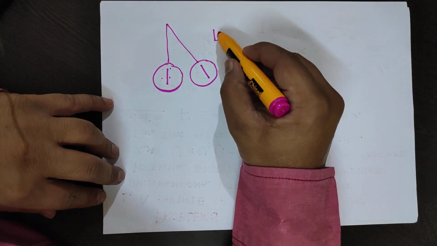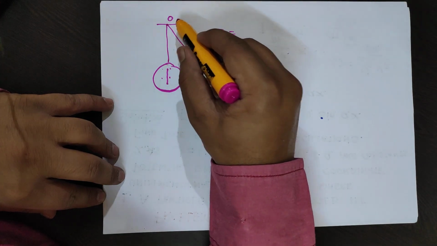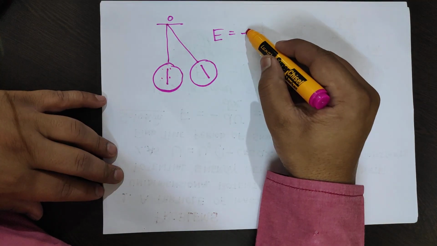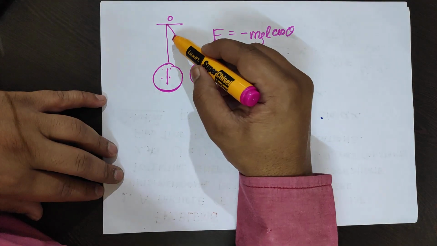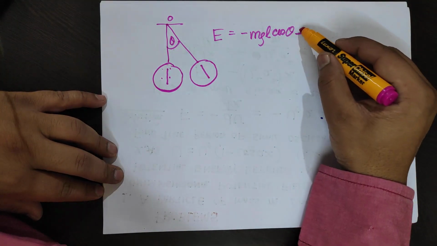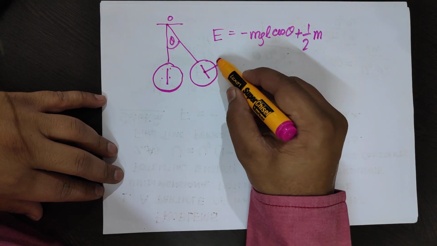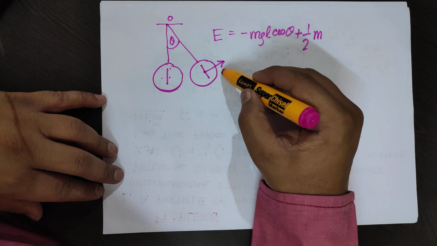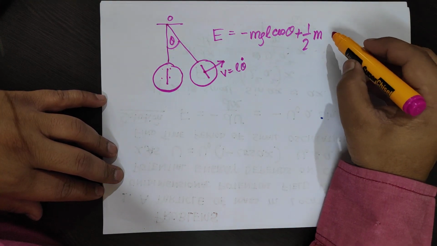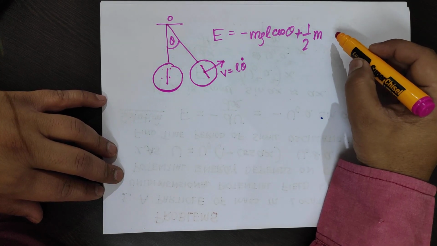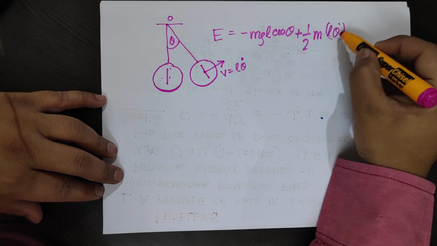So total energy equals, the potential energy is the same, so it's minus mgL cos theta plus half mv square, this translational kinetic energy. So velocity is L theta dot, so half m L theta dot square.